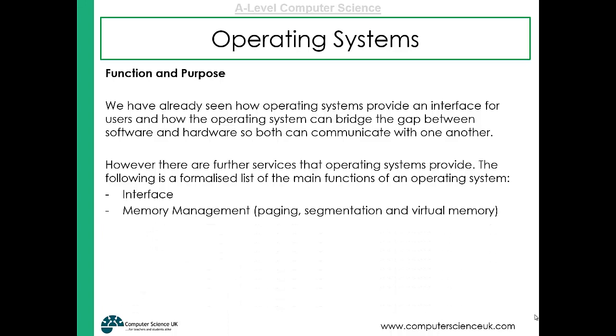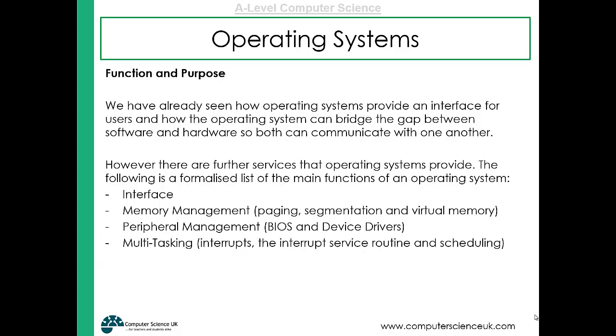Memory management, so paging, segmentation, and virtual memory. These are all main functions of an operating system, things that it can do. Peripheral management and multitasking, in particular looking at interrupts, interrupt service routines and scheduling. So we'll look at each of these things over the next few slides.